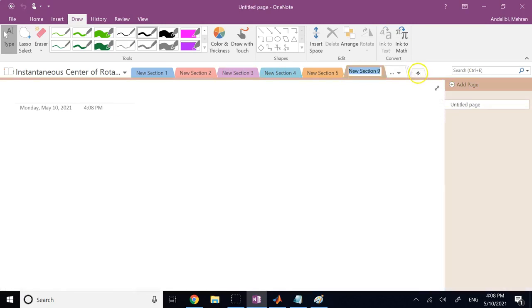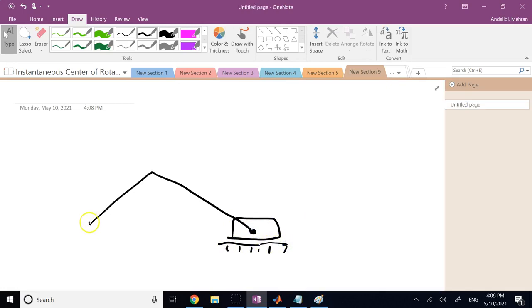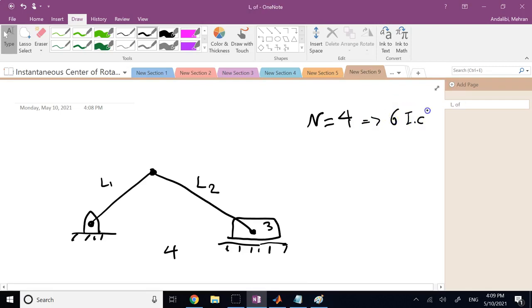slider crank, right? So if I have this slider crank, again, here is L1, this is L2, this is member 3, this is member 4. And again, there are 6 instantaneous centers, because n is 4 here again. But where are they?